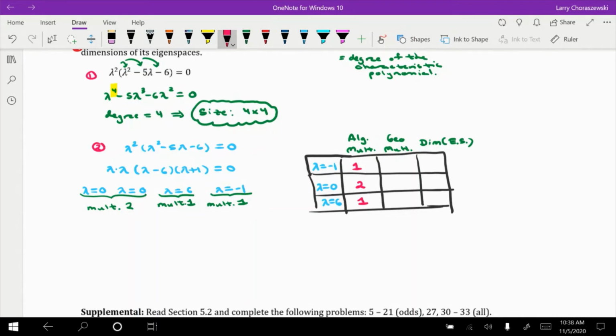Now, keeping in mind that the geometric multiplicity is always less than or equal to the algebraic multiplicity, as well as the fact that the geometric multiplicity cannot equal 0, the geometric multiplicity for lambda equals -1 is going to be 1. Okay, because that's the only positive integer that's less than or equal to 1.